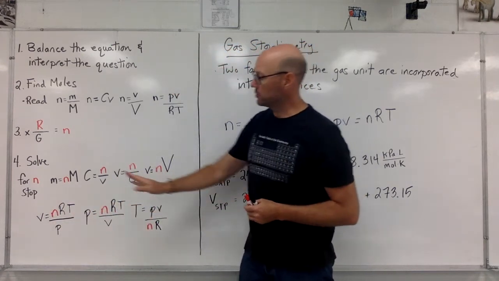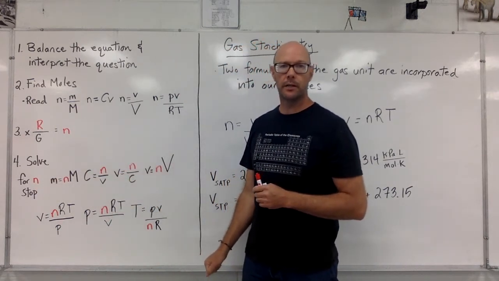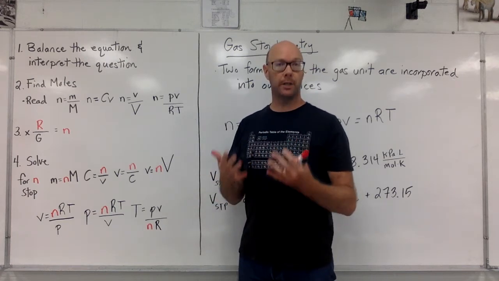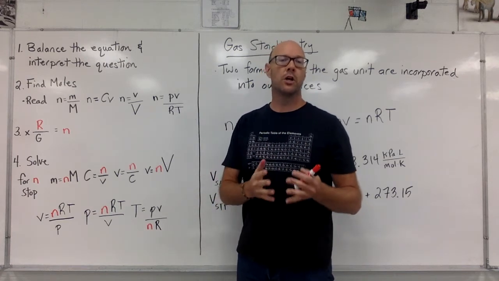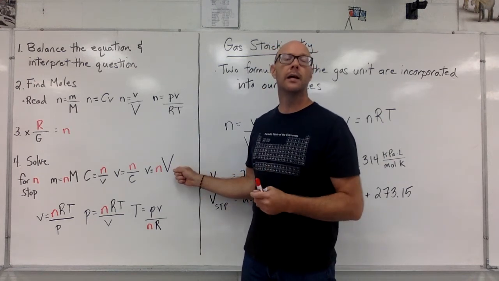If we're finding moles, there's only one possibility. If we're finding mass, one possibility. If we're finding temperature or pressure, one possibility. We do need to be a little bit cautious when a question asks us to solve for the volume to make sure that we choose the correct formula here in the fourth step.